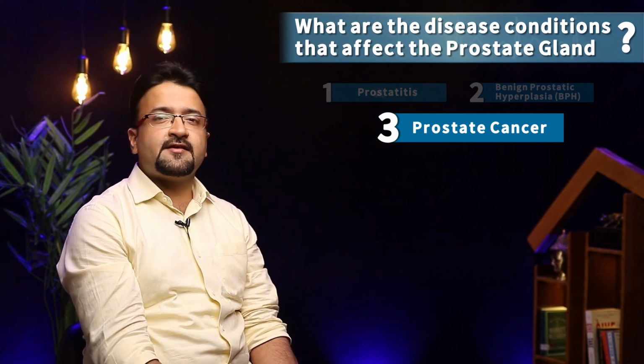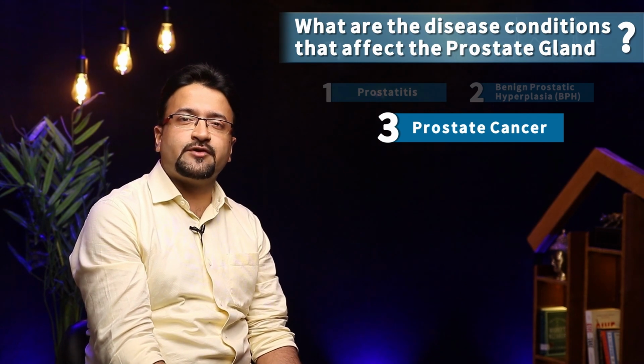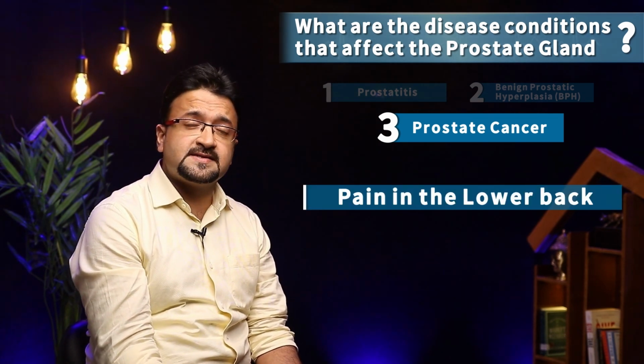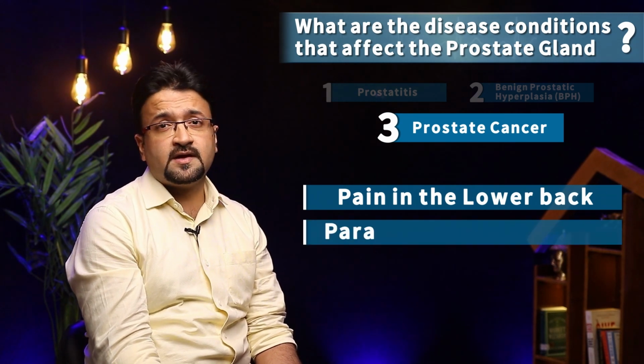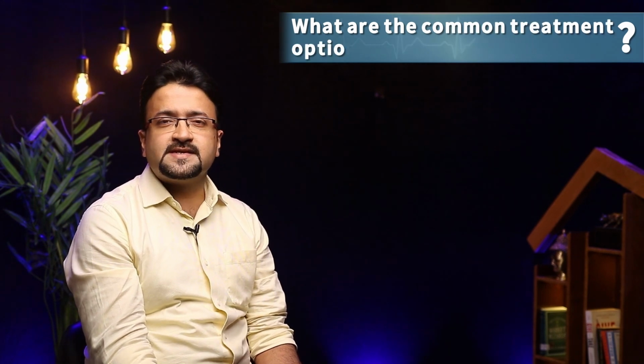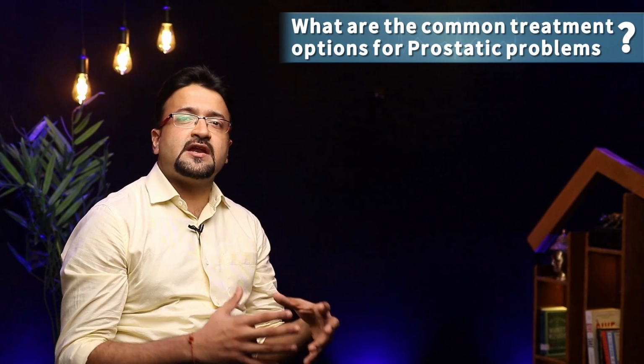Most commonly, it can affect the bones of the spine. This can present with pain in the lower back, and in advanced cases, it may even present with paralysis of the lower limbs.